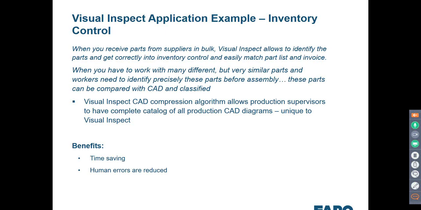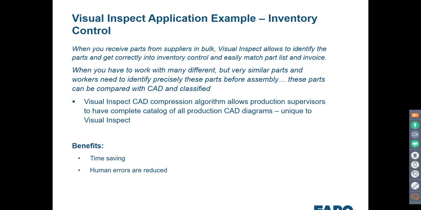You can have very large assembly drawings, a very large amount of information, and compress that, and have that mobile and or stored, or both, and take that right down to the shop floor or to the production area.